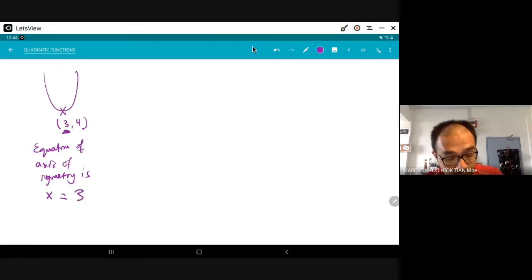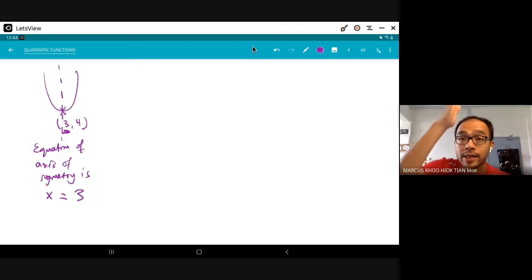Because this is the line of the axis of symmetry. Garis yang membahagikan kita punya graph kepada dua bahagian yang serupa. The axis of symmetry is a line that divides your graph into 2 equal sections, except that they are opposite. Same thing like this.